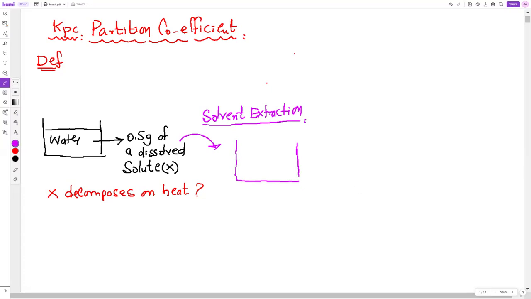In water where 0.50 gram X is dissolved, we will choose another solvent that is immiscible with water, not miscible with water, and the X, which is soluble in water, should be soluble in that solvent as well.